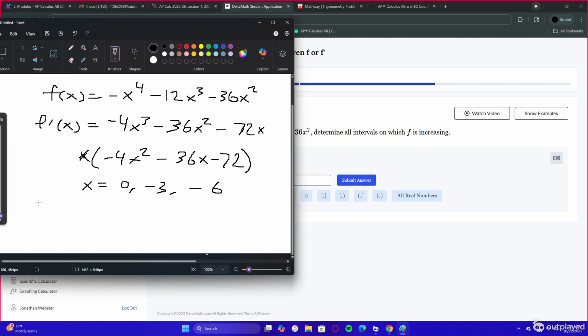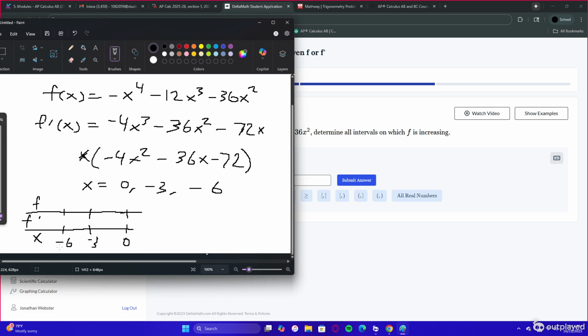So now we can find where f prime is increasing using those values and f prime: negative 6, negative 3, and 0.